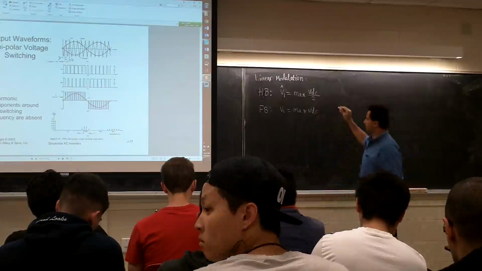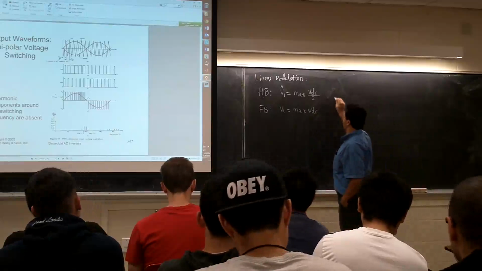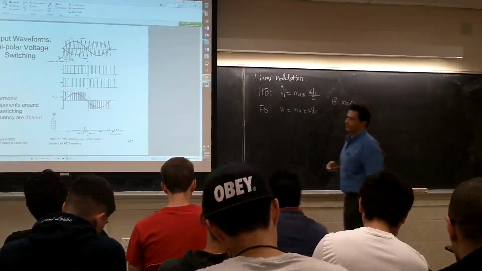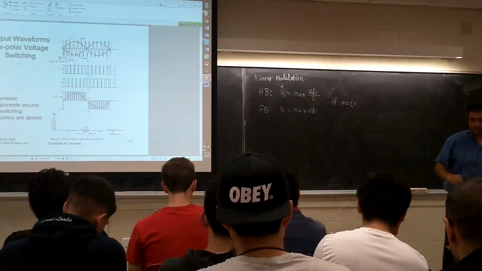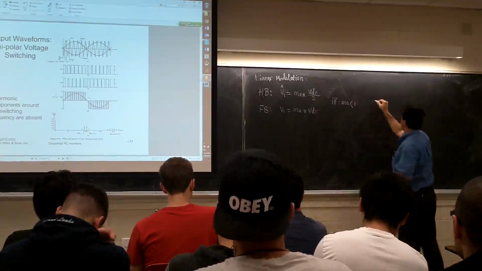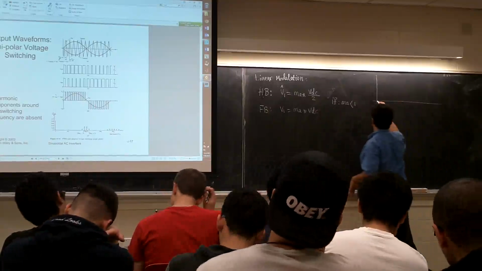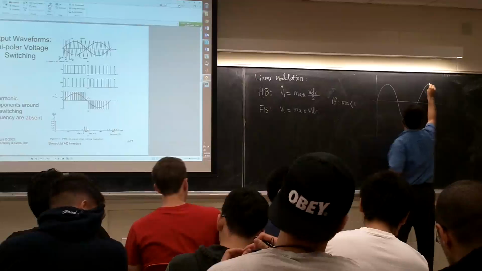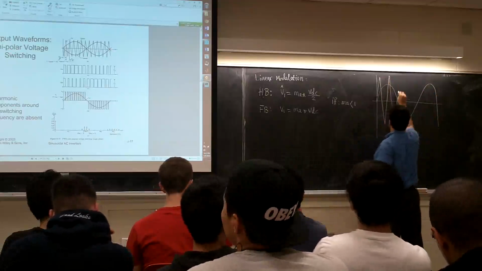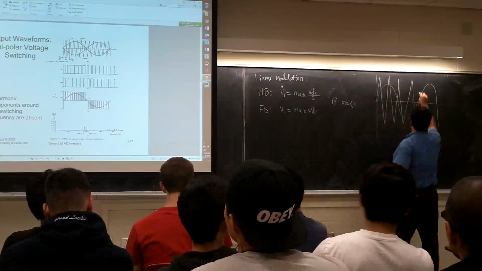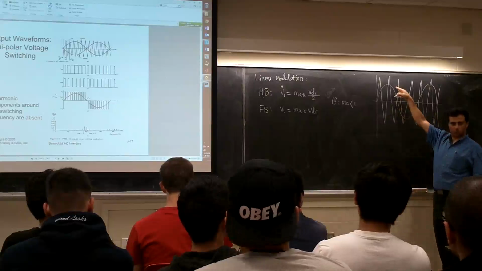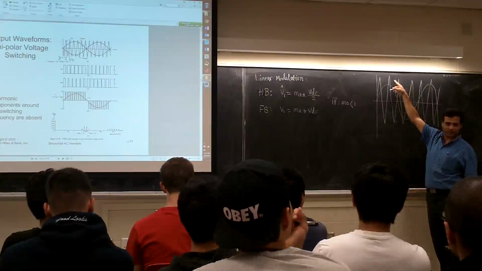If, for both of them, MA is less than 1, let's plot it here. What does it mean for both cases? It means the maximum of the control waveform is less than the maximum of the triangle.